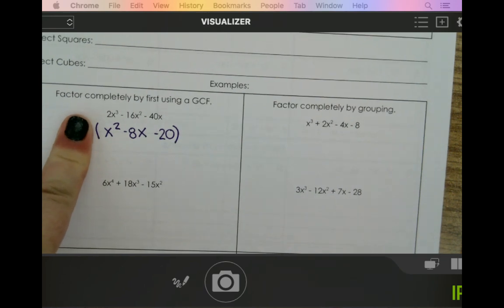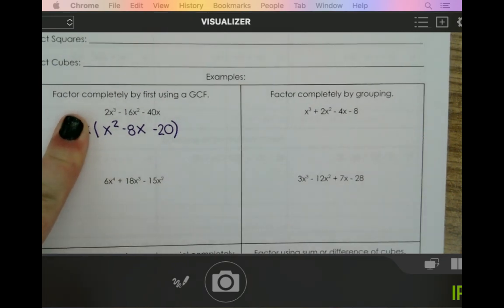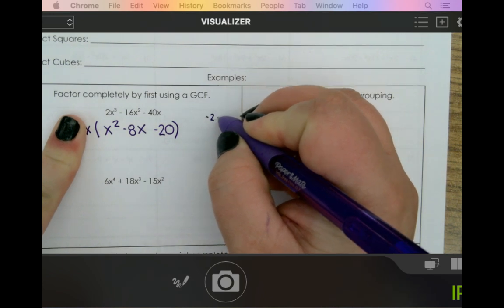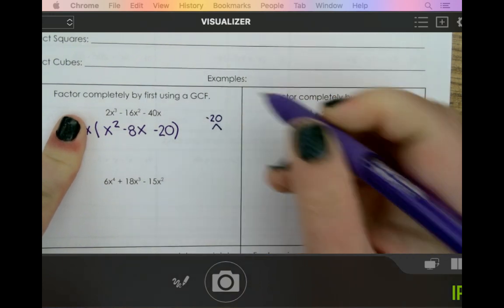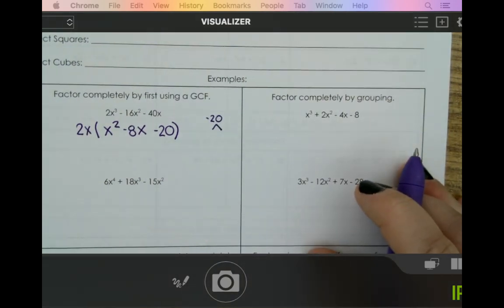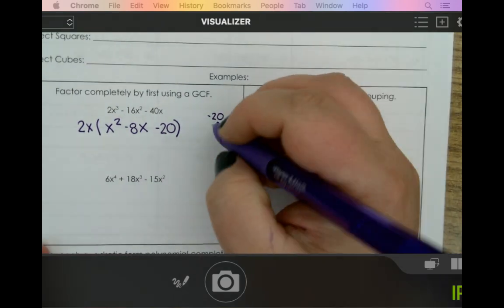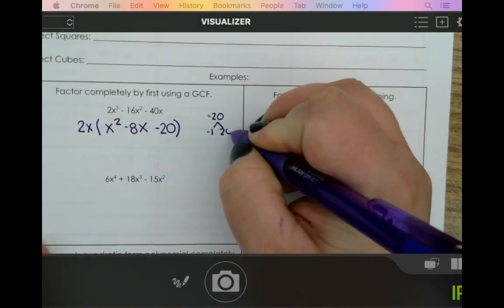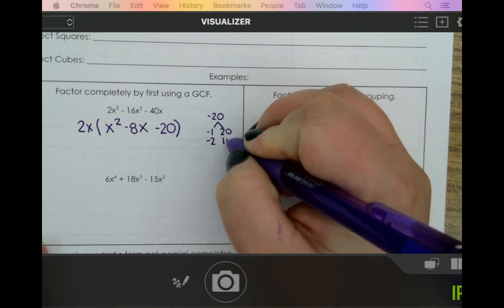So we need two numbers that multiply to -20 and add to -8. I'm going to make my little list over here because I know some of us freak out. We don't know what multiplies to it. Or we know some of the numbers, but we're worried we don't know all of them.